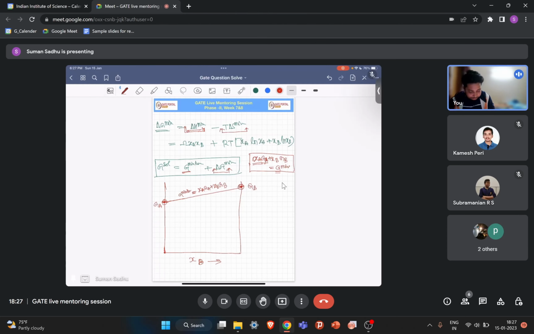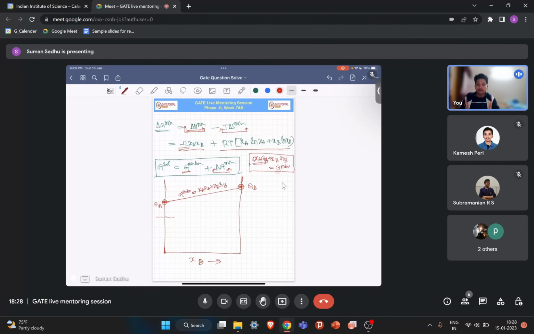So from this line you have to add this part also and this part also, right? What is the sign of your omega XA XB depends on your interaction parameter. If your interaction parameter is positive, your delta H will be in the positive direction.